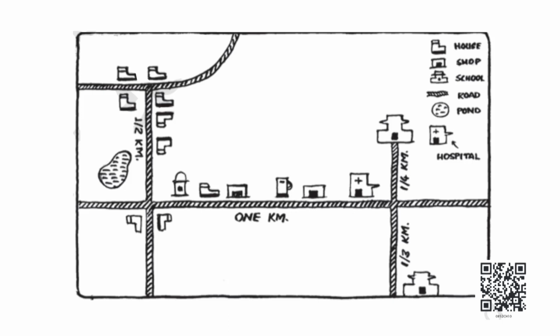Here, longer line segments are drawn to depict longer distances and shorter line segments are drawn to depict shorter distances. This means the map has been drawn to a scale. Now can you answer the following question by looking at the map drawn by Raghav's sister?